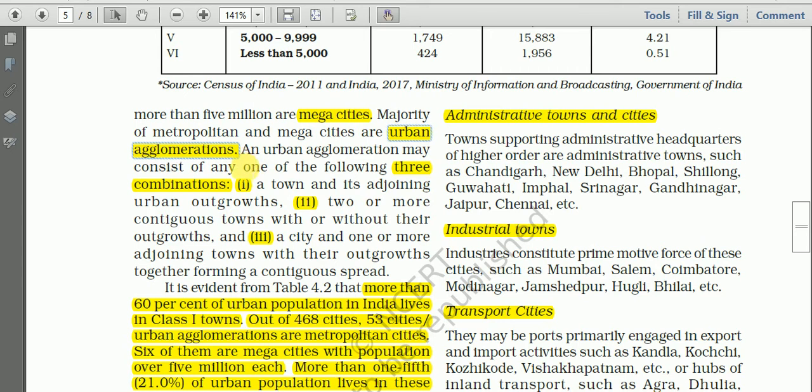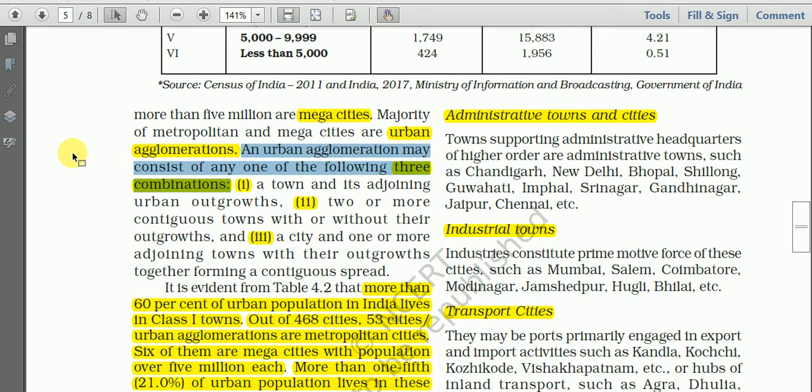An urban agglomeration may consist of any one of the following three combinations. It implies, how can you identify an urban agglomeration?